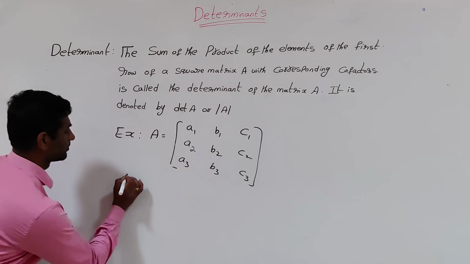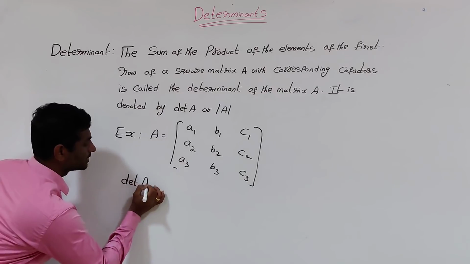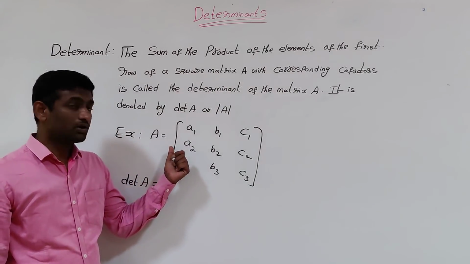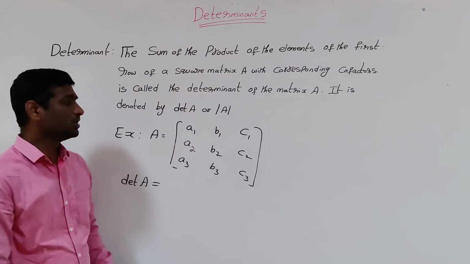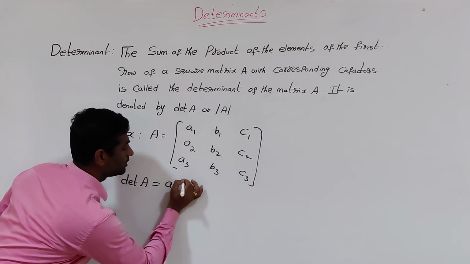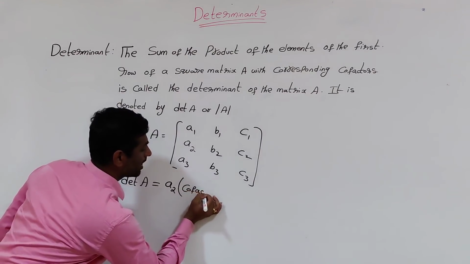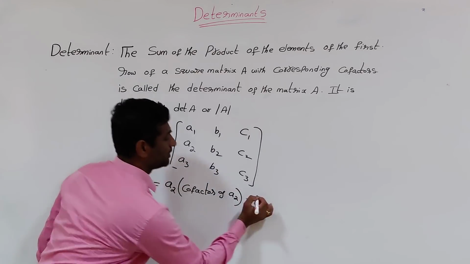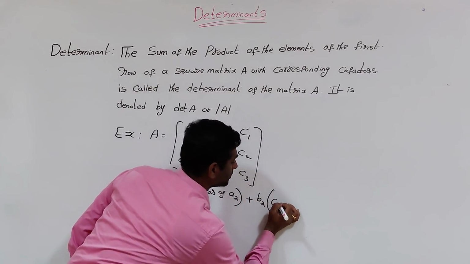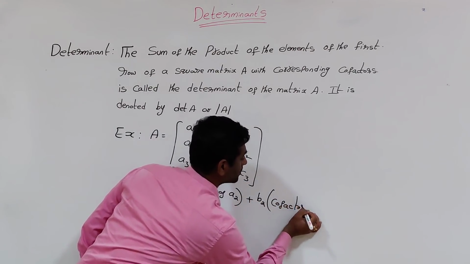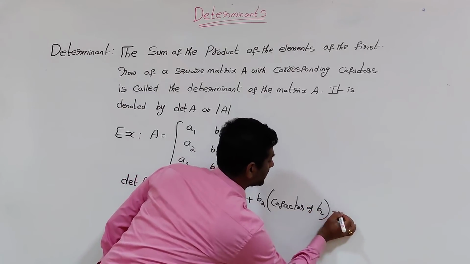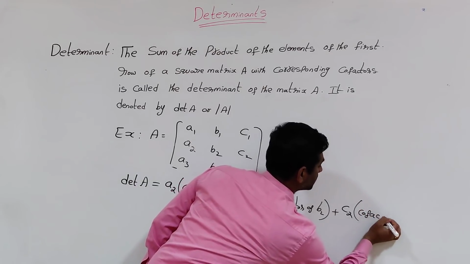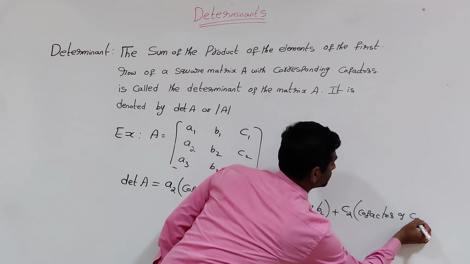That is, determinant of A is equal to, now I use the second row: A2 into cofactor of A2 plus B2 into cofactor of B2 plus C2 into cofactor of C2.